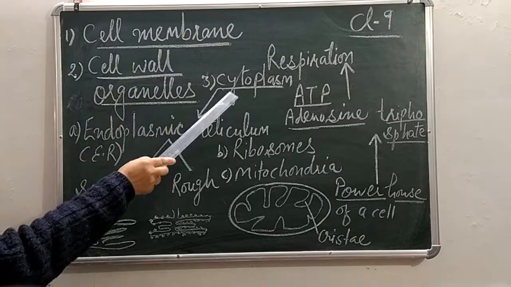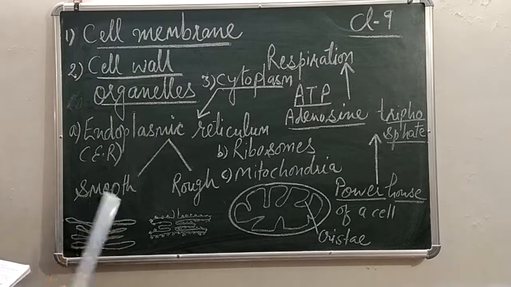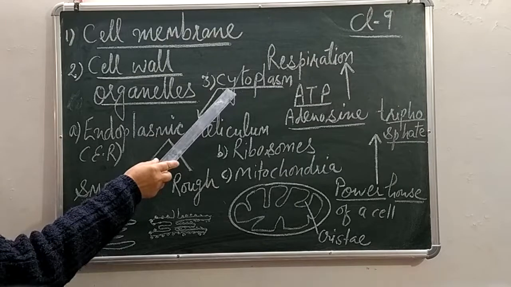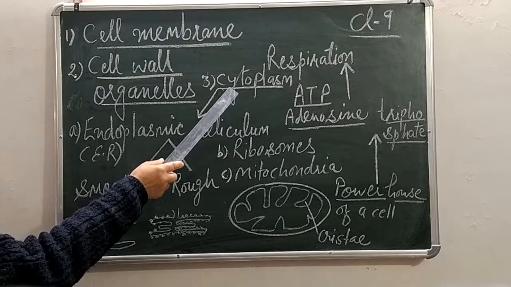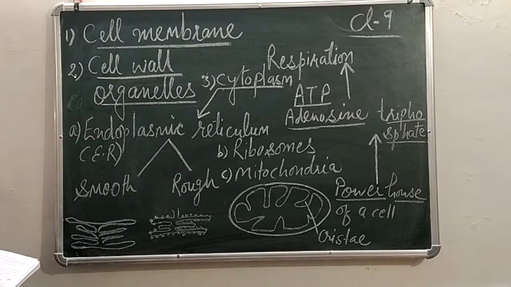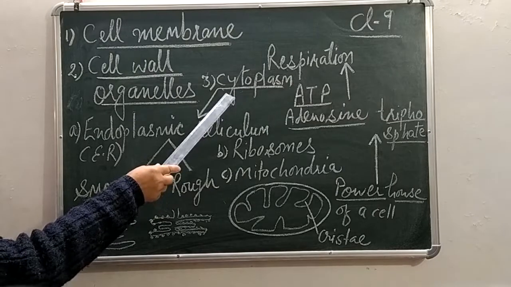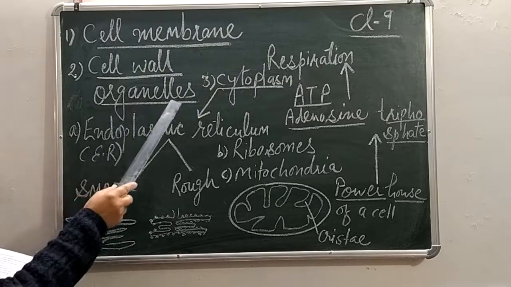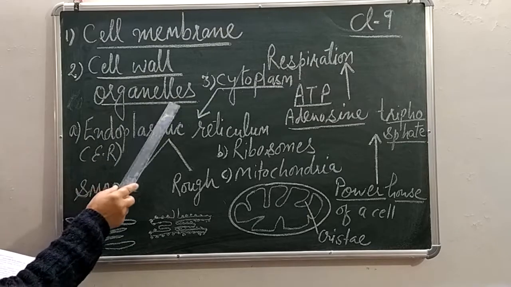The third term is cytoplasm. This I have already told you. The jelly-like, semi-liquid, transparent substance present inside the cell, in both plant and animal cells, is called cytoplasm. In this cytoplasm, there are many small structures known as organelles. What are organelles?